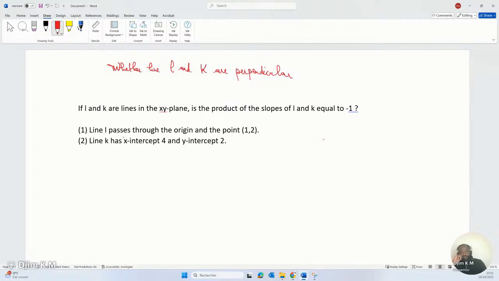So now, let's check condition one. The line L passes through the origin and the point 1, 2. This is definitely not sufficient.